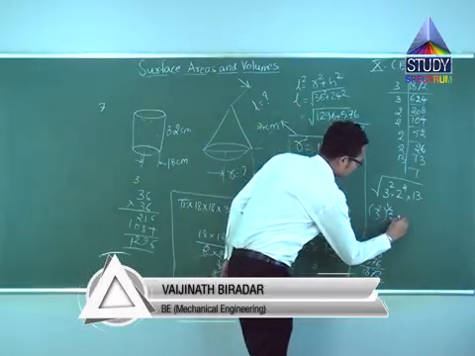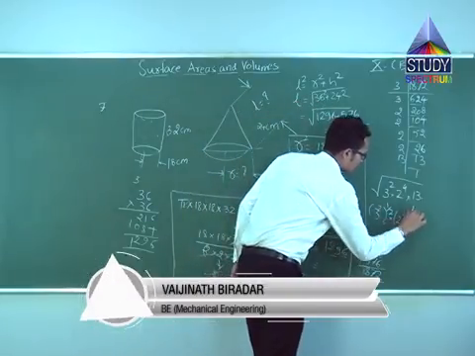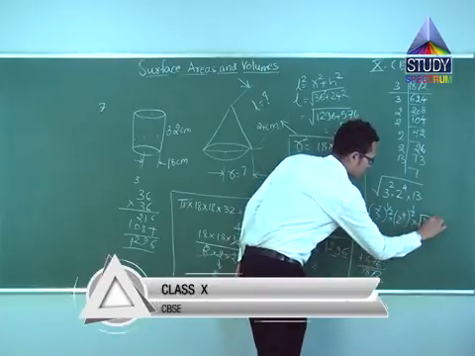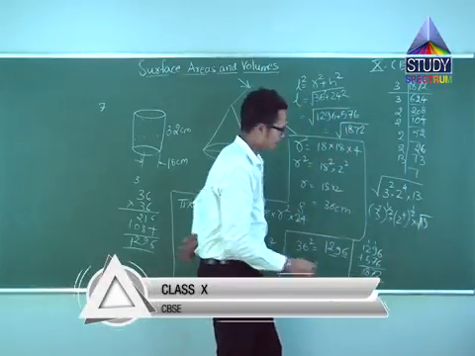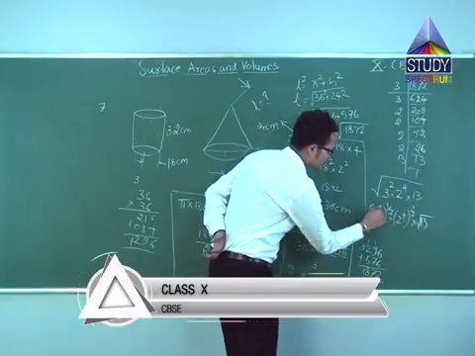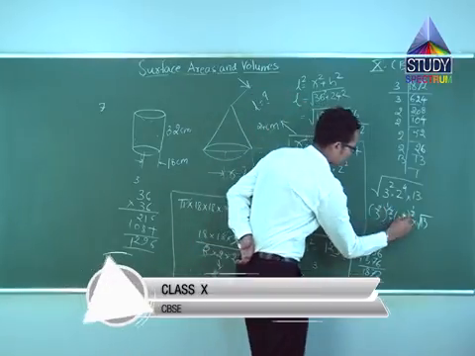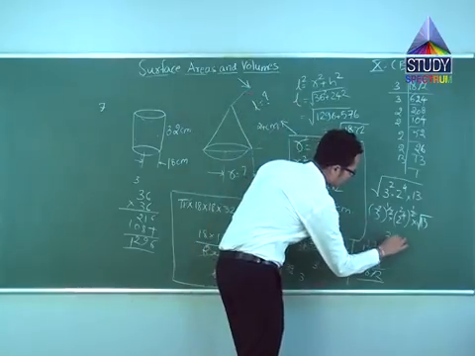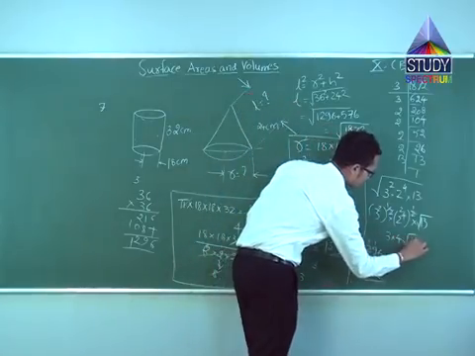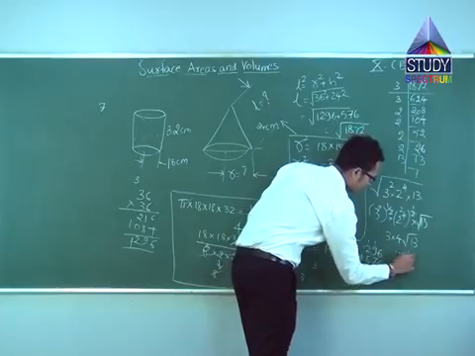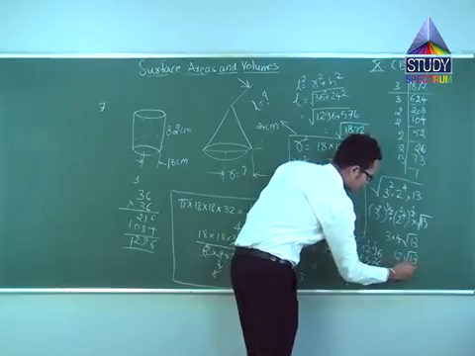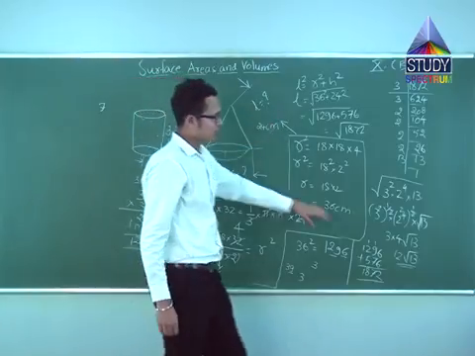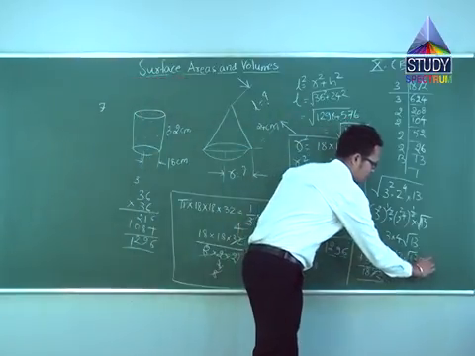So this is 3 into 2 raised to 4 raised to 1 by 2 multiplied by 13. This is equal to 2 goes out here, 2 2s are 4, 2 to the 4. So this is 3 into 4 root 13, that is 12 root 13 is the answer. That is L, the slant length is 12 root 13 centimeters.